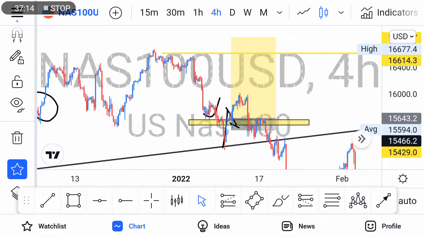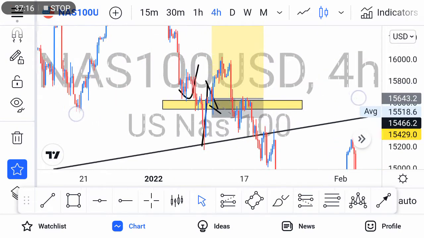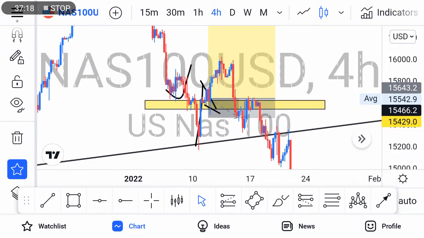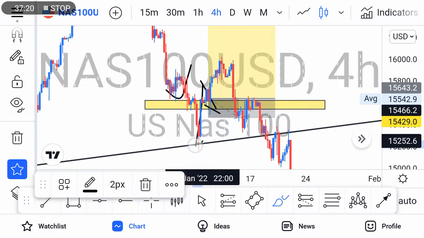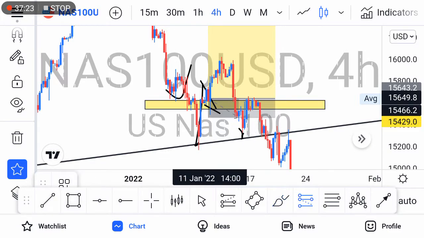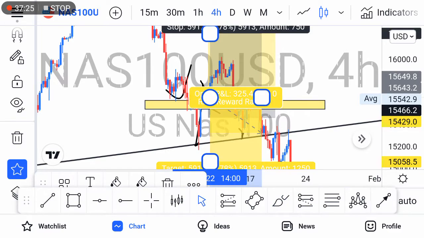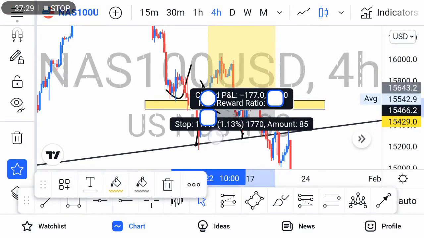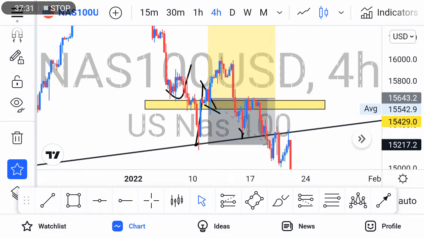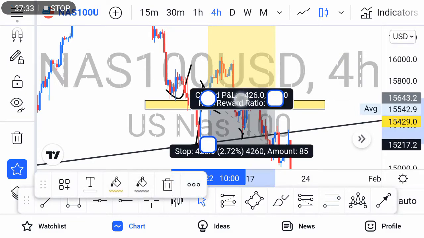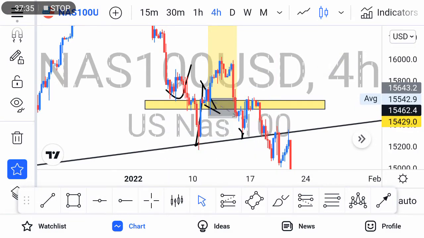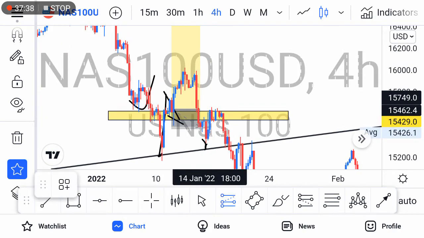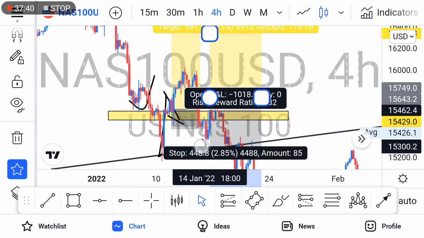So we remember Nasdaq might give us a double bottom. So it's either we make our stop loss wide, or if we don't make our stop loss wide, we wait for Nasdaq to give us a touch again on the trend line.